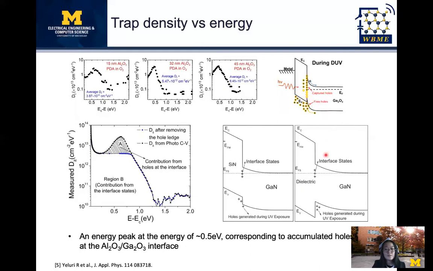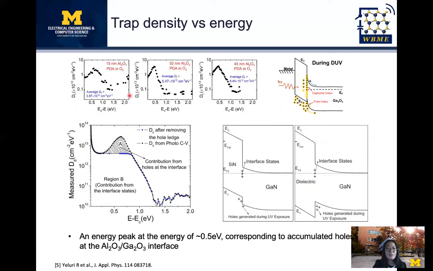In previous research, if there's no band barrier between the silicon nitride and gallium nitride, the extracted Dit curve is very flat. But if the dielectric creates a band barrier, they also observe the peak here.